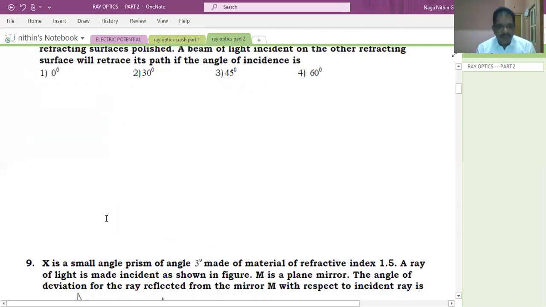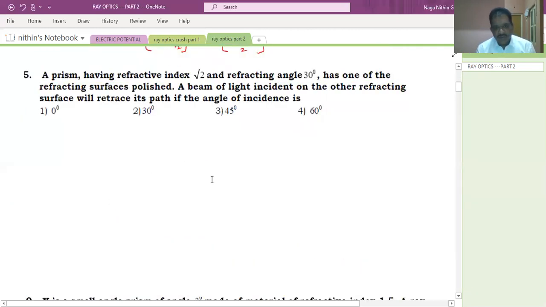A prism having refractive index √2 and a refracting angle 30 degrees has one of the refracting surfaces polished. A beam of light is incident on the other refracting surface and retraces its path. The angle of incidence is? You see what the question is here. There is a prism like this.